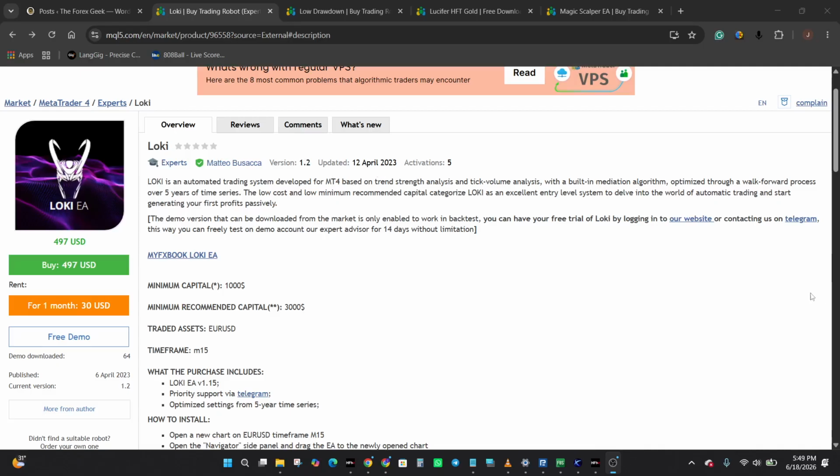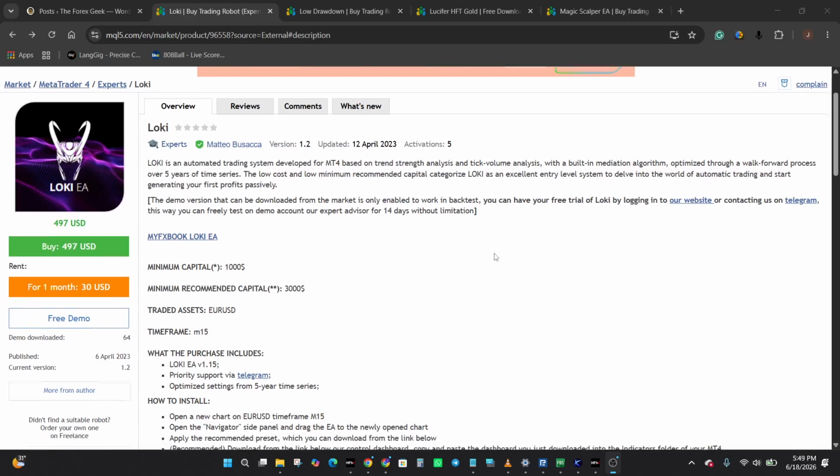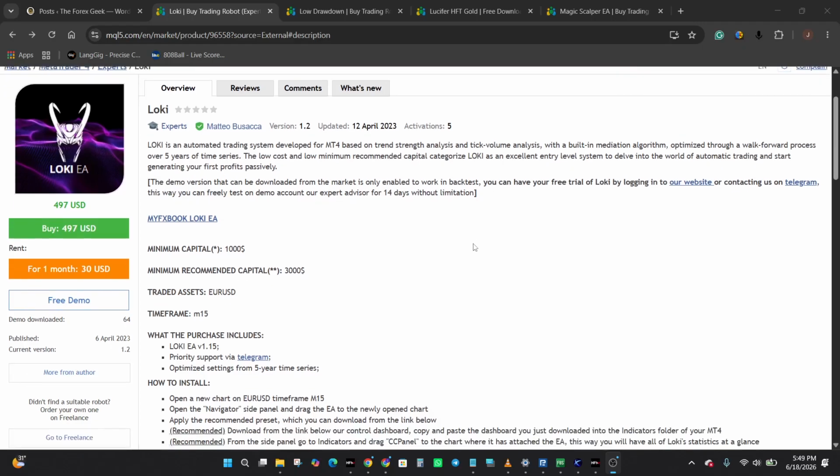As I scroll through the product description, the developer explains that Loki is built around trend strength analysis and tick volume analysis. The EA also includes what the developer refers to as a built-in mediation algorithm and has been optimized through a walk-forward process using 5 years of historical data.